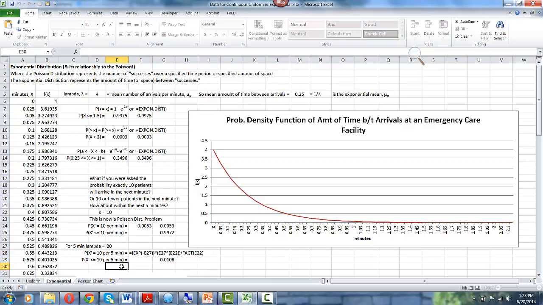So you just have to be careful about that. And the same for up here, the amount of time. We could have changed this to seconds. We could have changed these to hours.